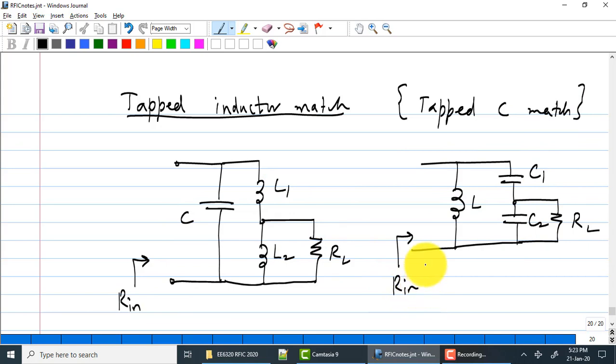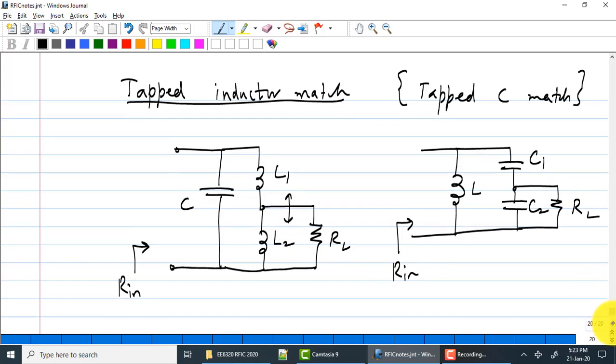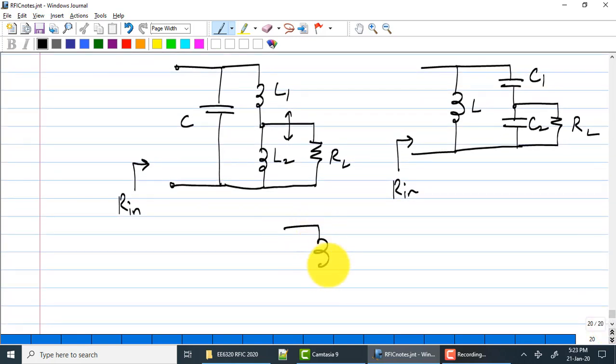It turns out if you had the option of changing your L1 by L2 or L2 by L1 plus L2, effectively, imagine that you have a large inductor and you have a tap from inside that. I have shown it as two separate inductors, but imagine it was one single inductor L broken up by moving this tap up and down.